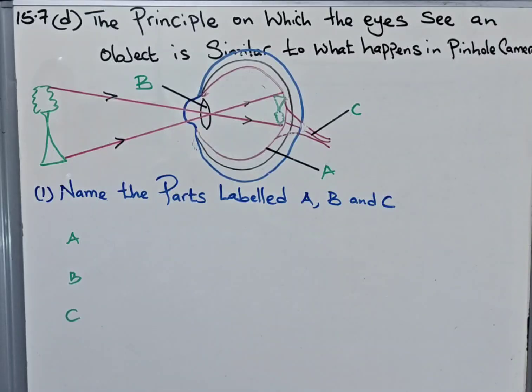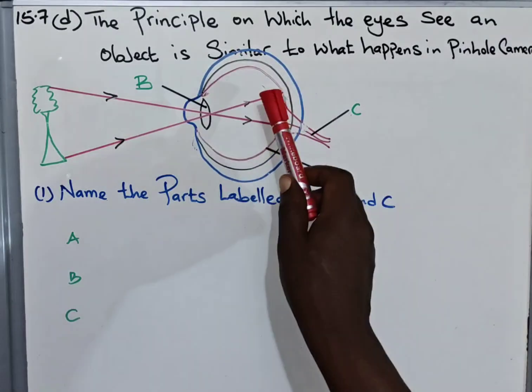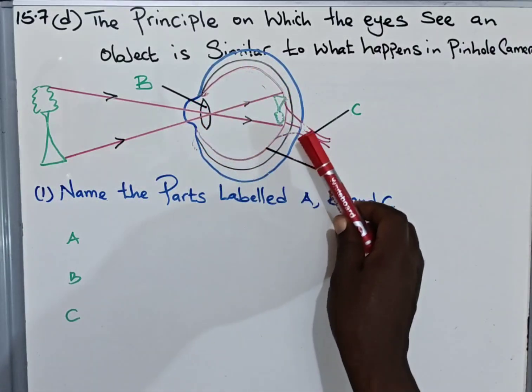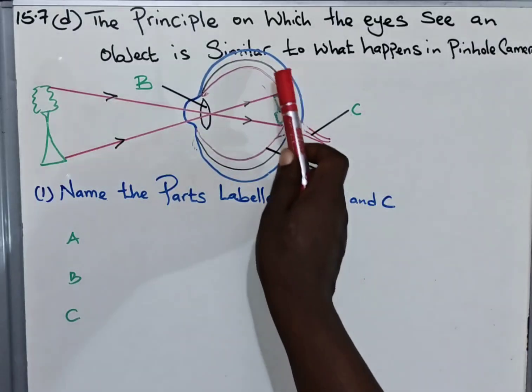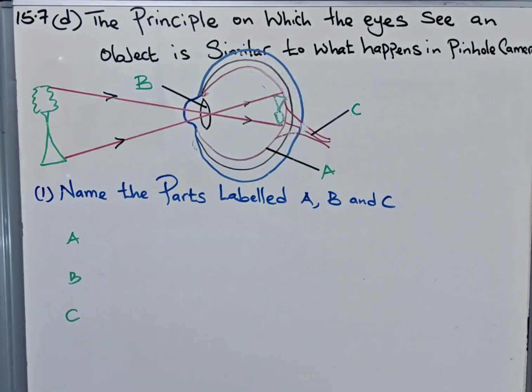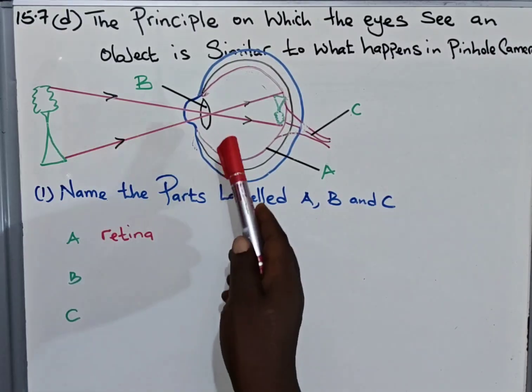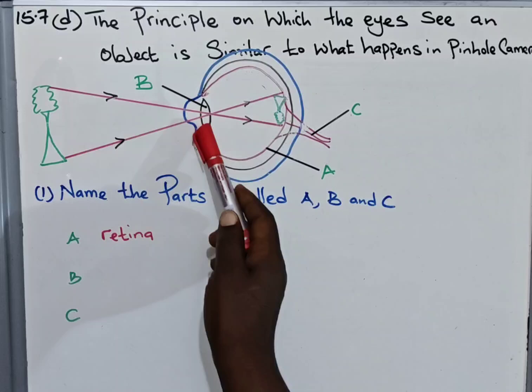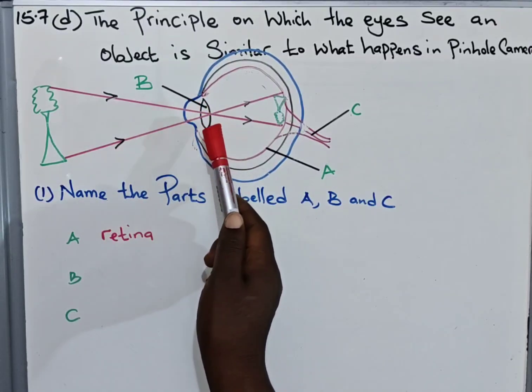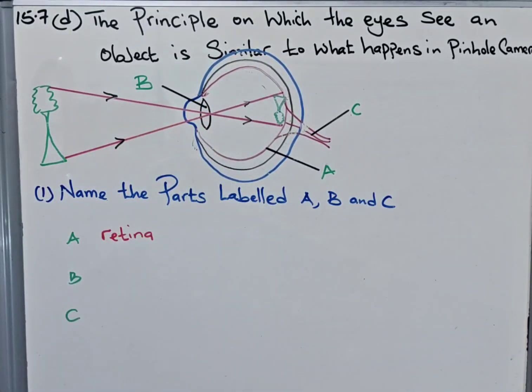So what is A? A is this inner lining of the eye. Actually, it represents the part on which an image forms. So what do we call that lining? We call it retina. Then we come to this part labeled B. What do we call it?